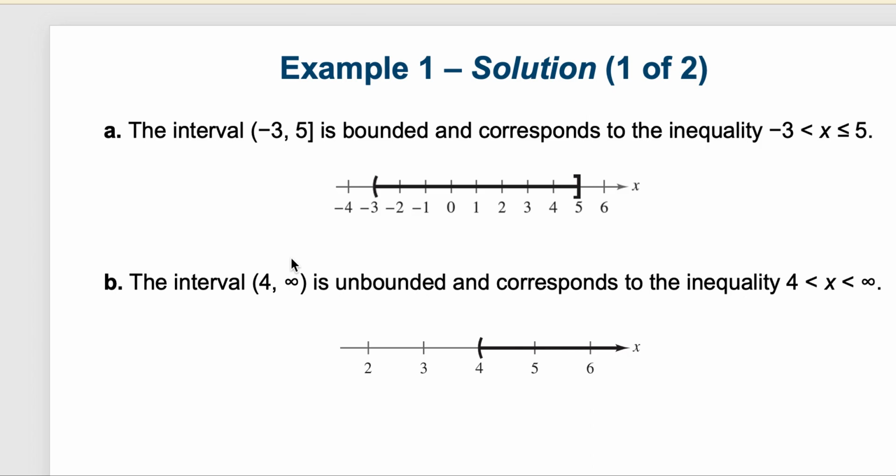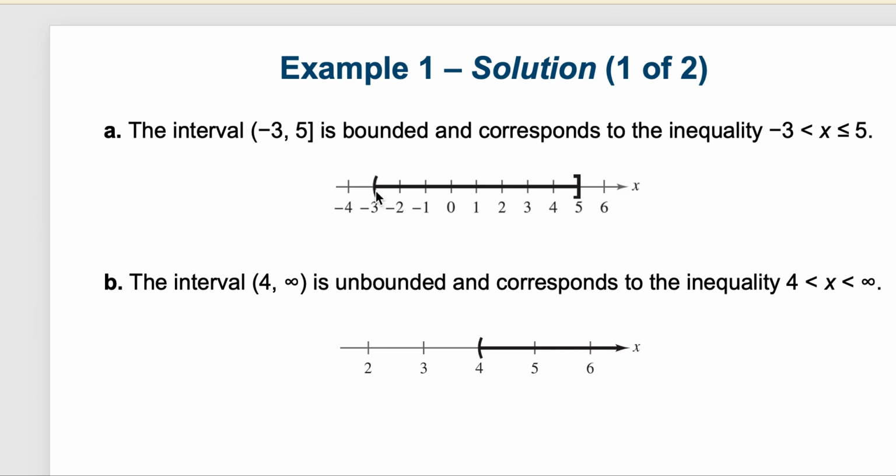Whenever you see an open parenthesis, that means our solution set does not include the endpoint -3. A closed parenthesis means it will include the endpoint in our solution set. So this interval consists of all the numbers from -3, excluding -3, so it goes really close to -3, like -2.9999999, but not exactly -3.